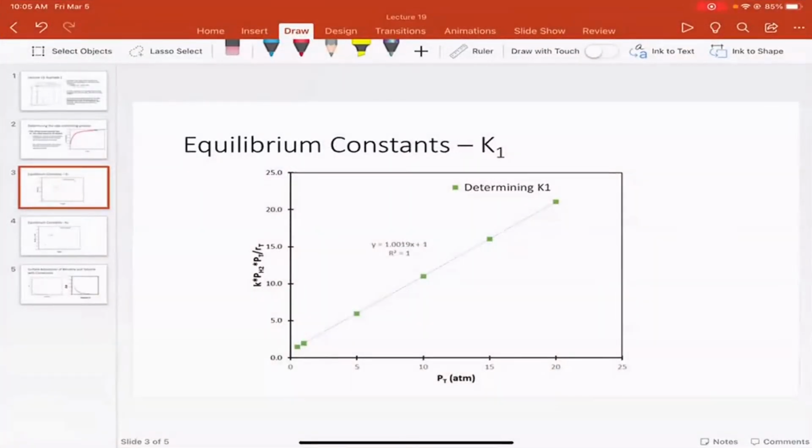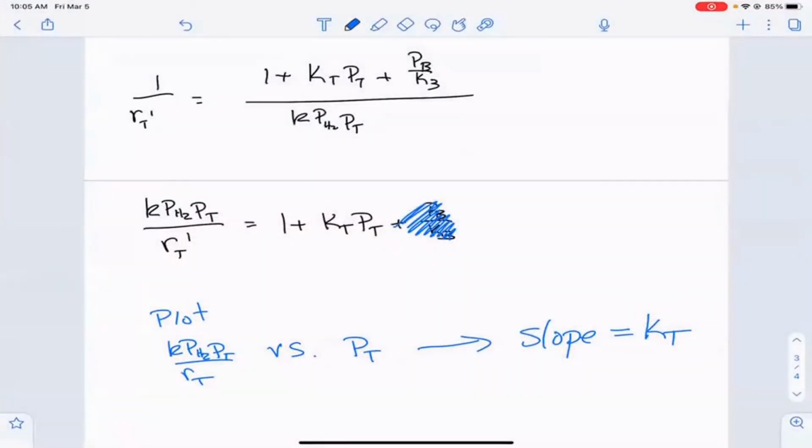So there's the plot, and I just used the trend line. We can see that the slope is basically 1.00. And so KT from the slope is equal to 1.00. Okay, so there's the first equilibrium constant and the rate law using the experimental data.